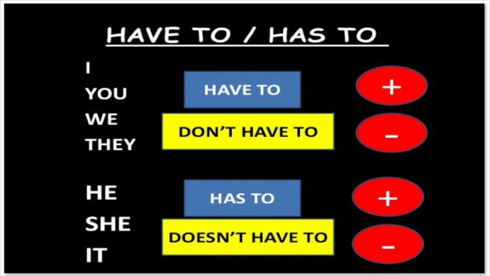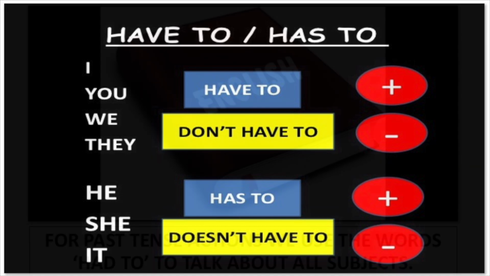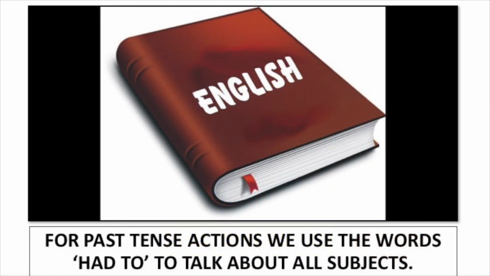But if we talk about things that have happened already, for past tense actions, we use the words had to. Not has, H-A-S, H-A-D, had to.